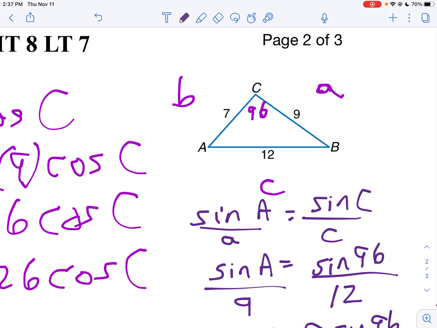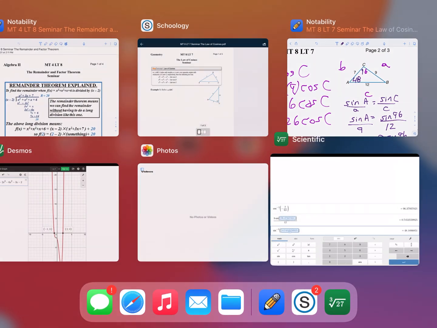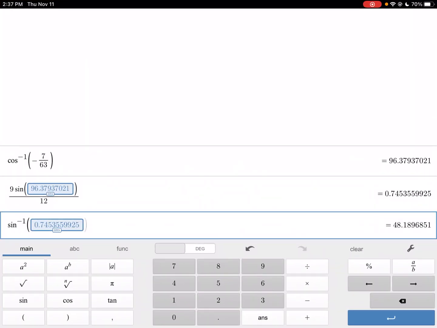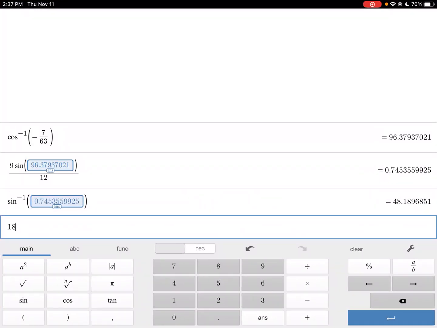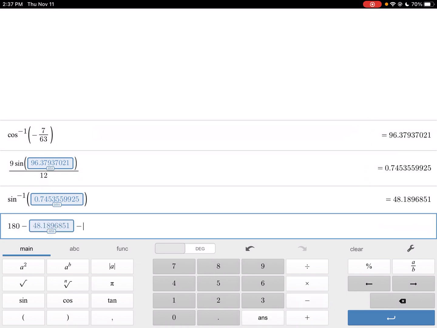And once you know angle A, and I know angle C already, I can use the fact that it's 180 degrees in a triangle to solve for angle B. So I take 180 minus 48 minus 96, and I get about 36 degrees.